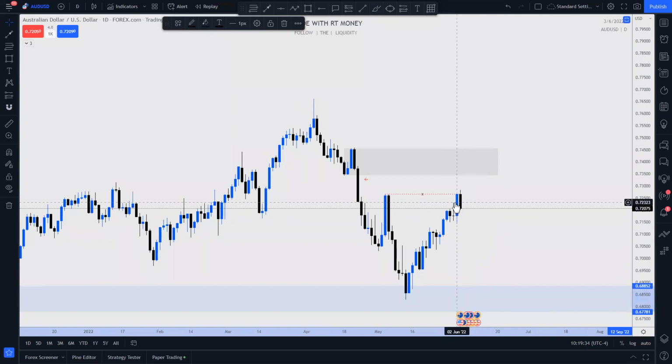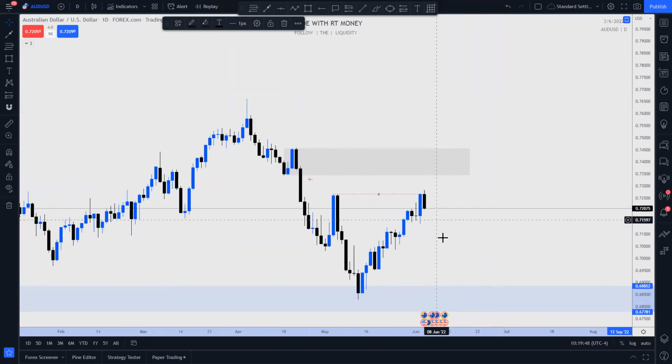All right, so as price pulls back here, as it closed bearishly on Friday, I'm looking for some more short-term bearishness as it continues this movement.